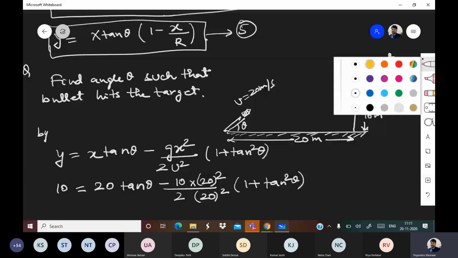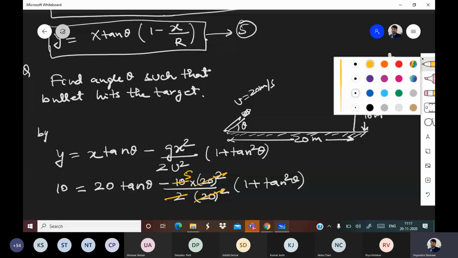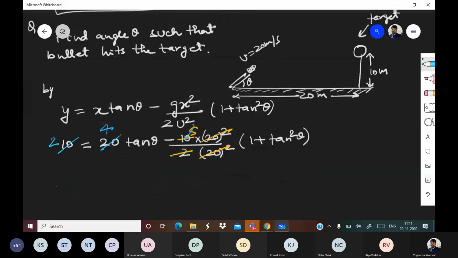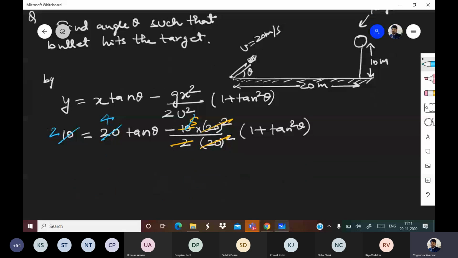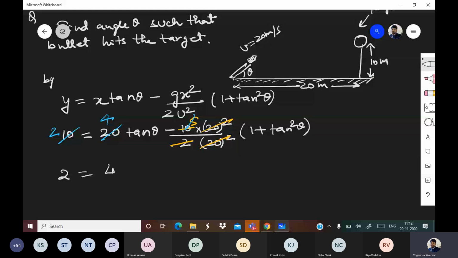Now this 20 square cancels. This 2 is cancelling this 5 times. And this 5 is cancelling this 4 times and this 2 times. So what is left with us? So 2 is equal to 4 tan theta minus 1 minus tan square theta.